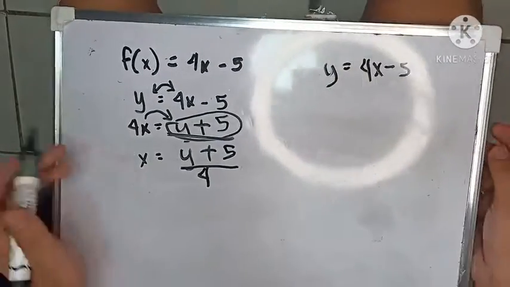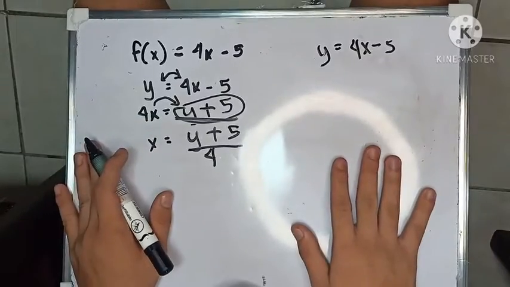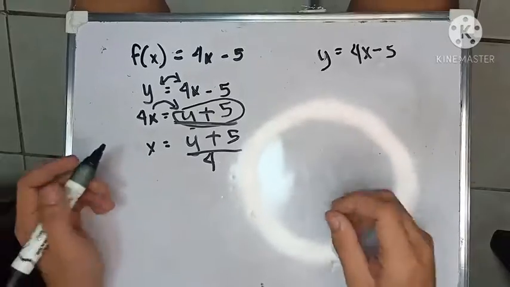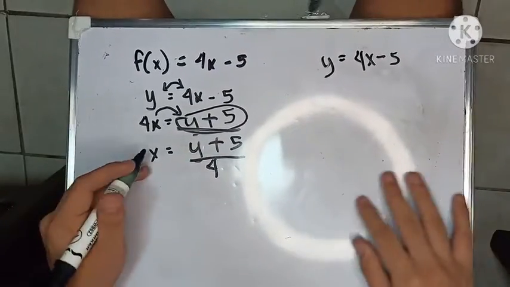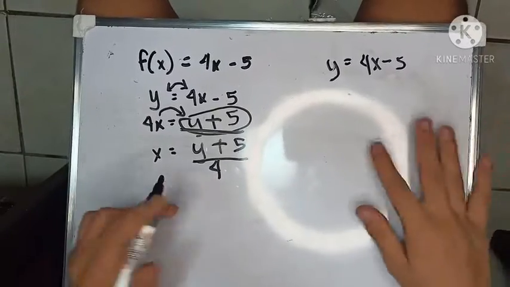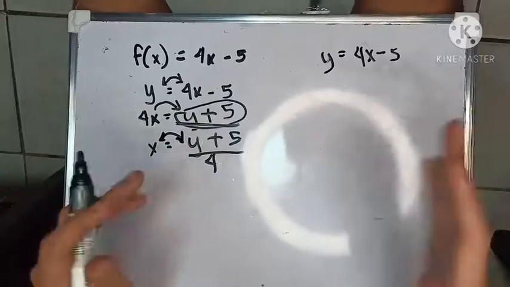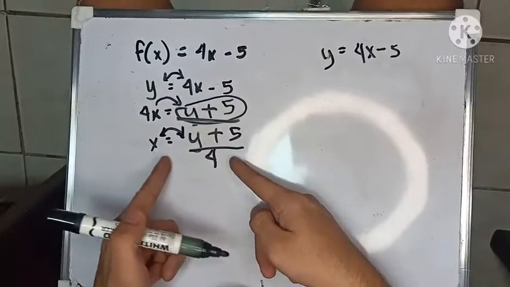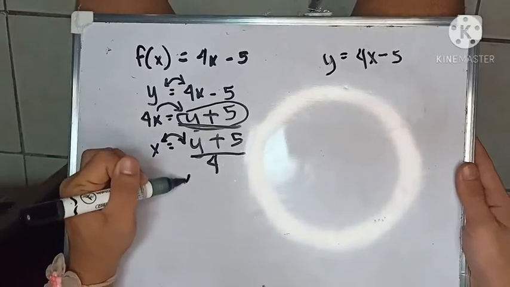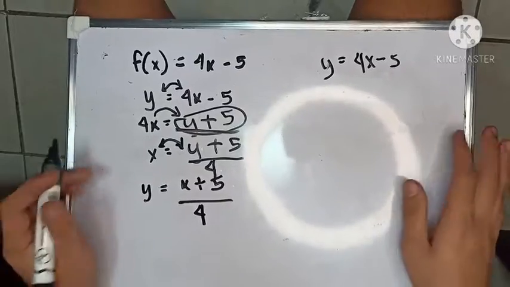Now step 3 is to interchange x and y, and the resulting equation should be the inverse function of x. So we take x equals (y plus 5) over 4 and change it again to get the inverse of this function. This becomes y equals (x plus 5) over 4.